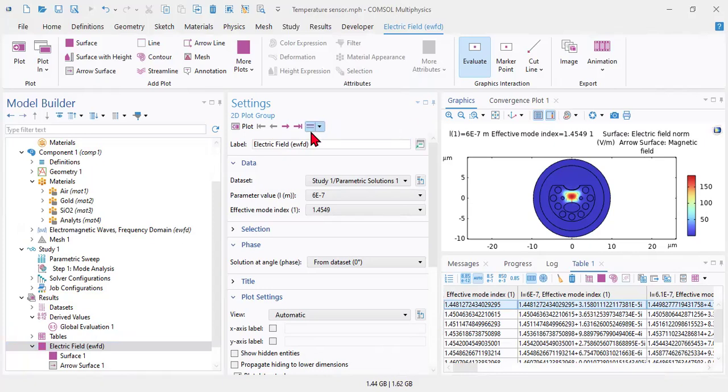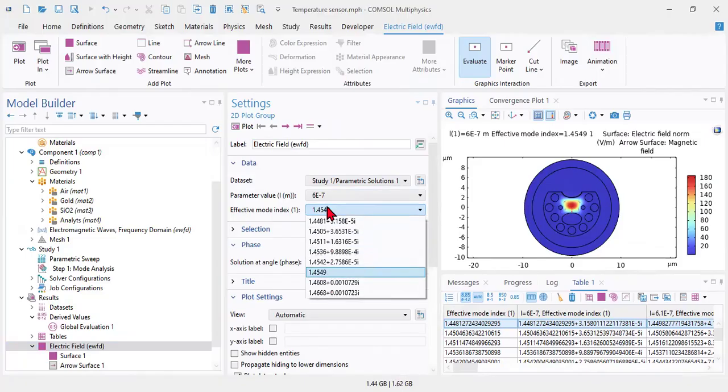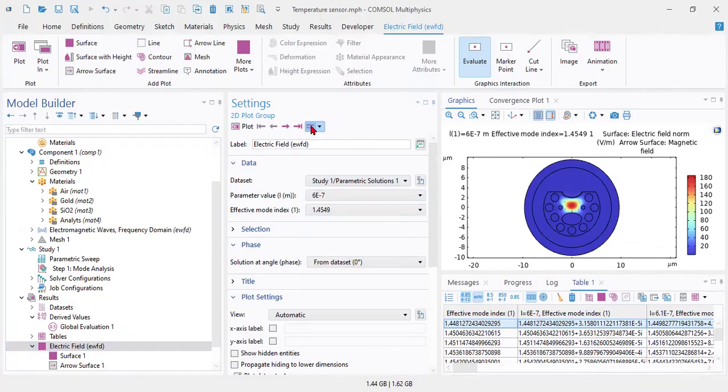Now let me check whether this position of effective mode is working for other wavelengths or not. Here you can see that you can change this panel. The color is kind of maroon, right?